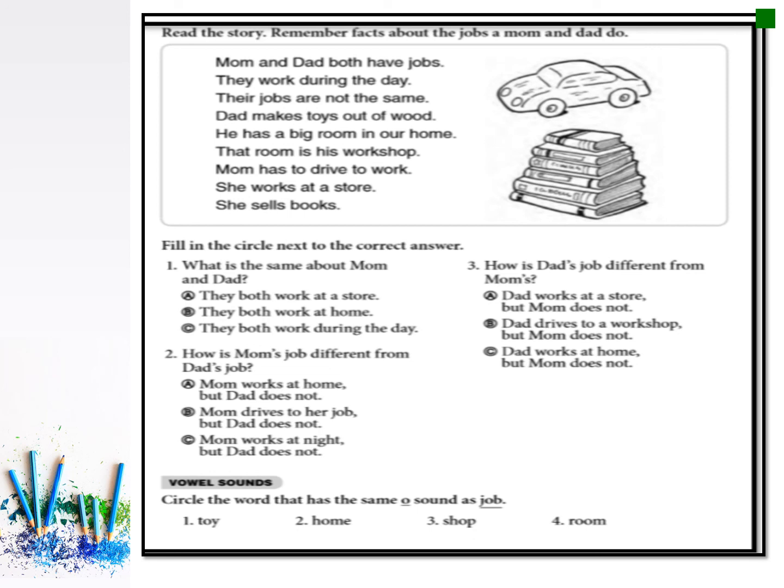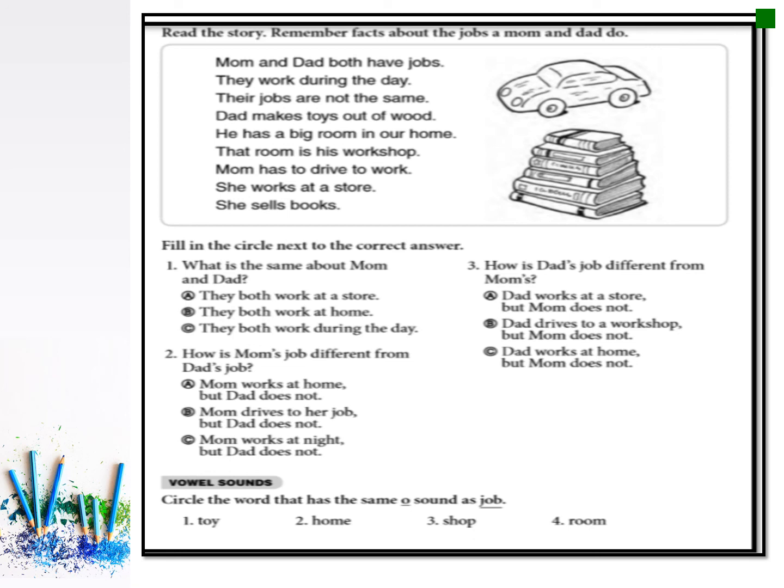So, mom and dad both have jobs. They work during the day. Their jobs are not the same, so that is different. Dad makes toys out of wood. He has a big room in our home. That room is his workshop.